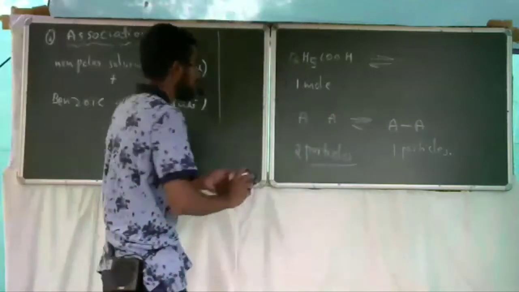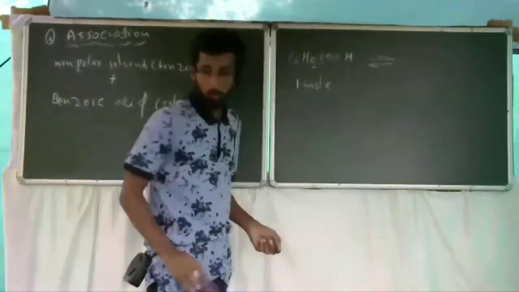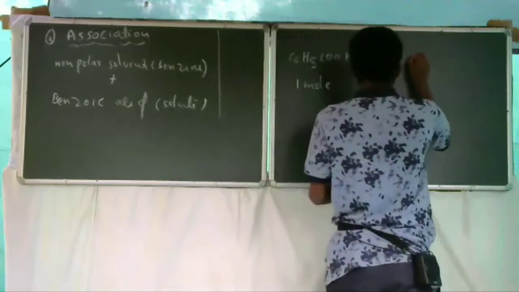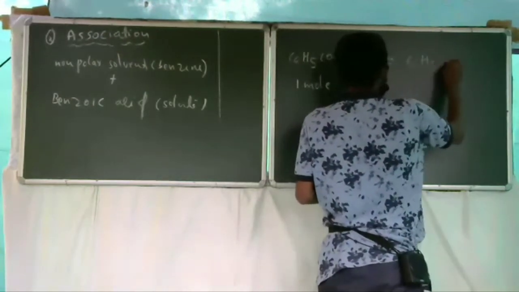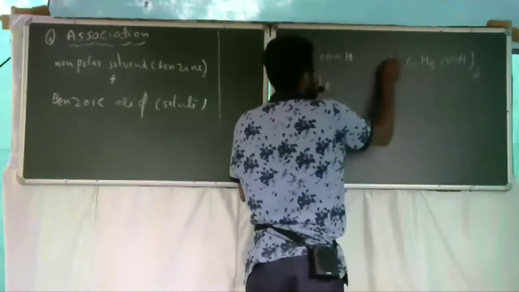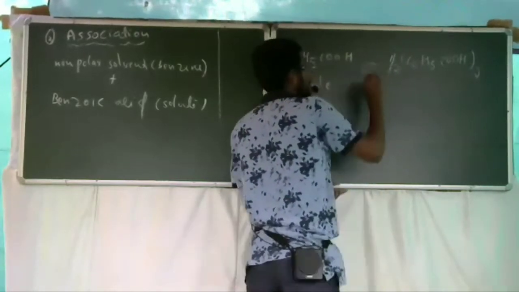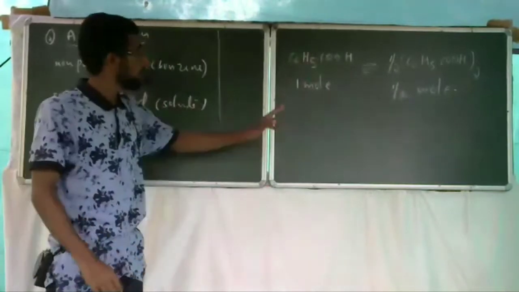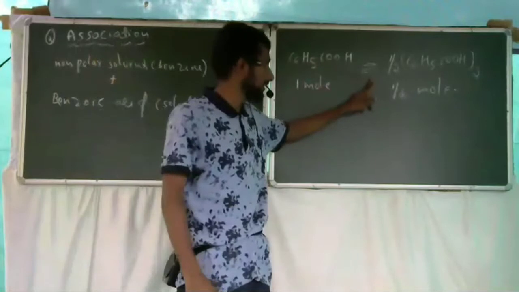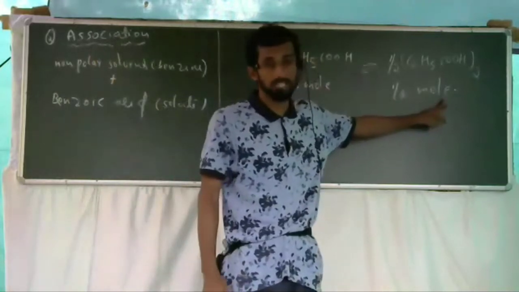Here in this case, if you take 1 mole of benzoic acid, that will undergo dimerization to form C6H5COOH twice. Okay, that is half.